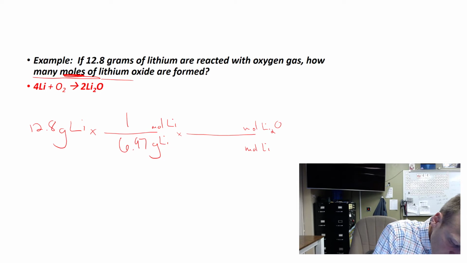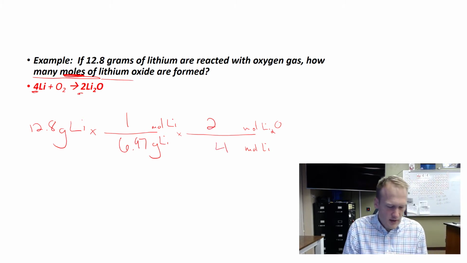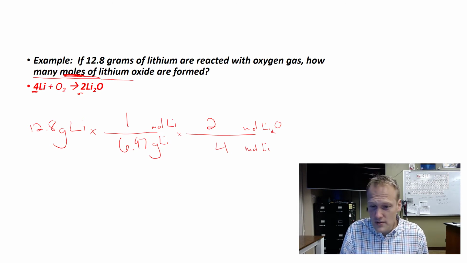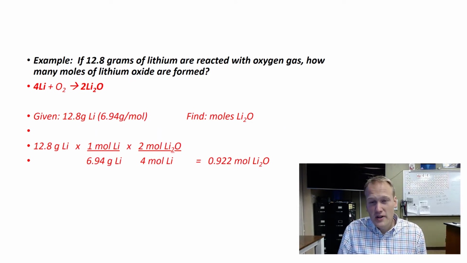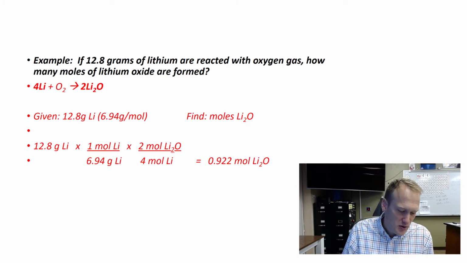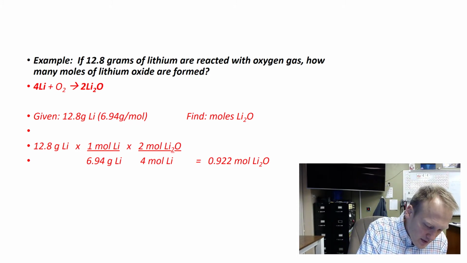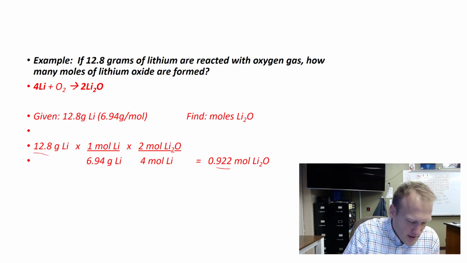And then this is a mole-to-mole conversion between two substances, and we're going to look at the coefficients of our substances. So this is a 4:2 ratio, which you could also write as a 2:1 ratio. We would divide by 6.94 times 2, divide by 4, and we get 0.922 moles of lithium oxide. Notice we have 3 sig figs because that's how many we started with.